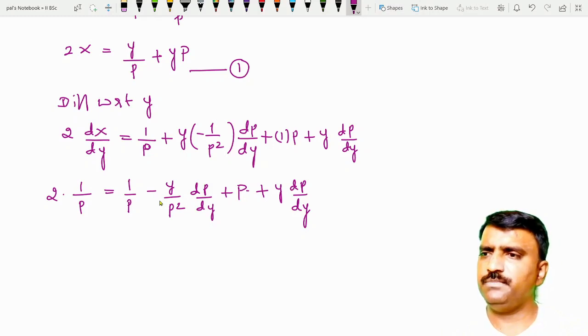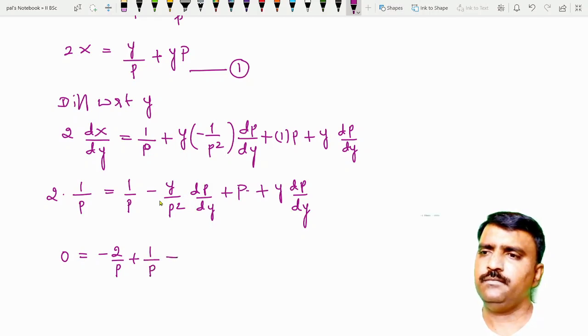Again, simplifying this. Take this 2 by p to the right hand side. So then it is 0 is equal to minus 2 by p plus 1 divided by p plus p plus y into dp by dy and minus y by p square into dp by dy.